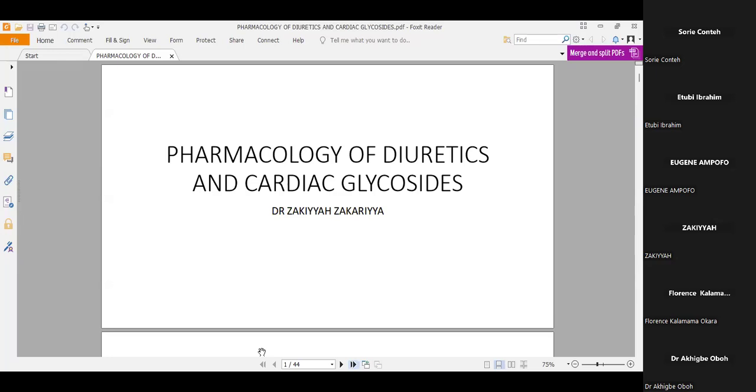I did not quite hear you mention, I don't know if I missed it, metolazone as part of the thiazide-like diuretics. Among the thiazide and thiazide-like diuretics, they are used more for the treatment of hypertension rather than their diuretic effect.